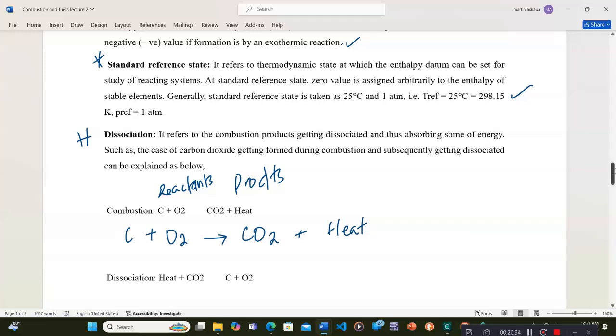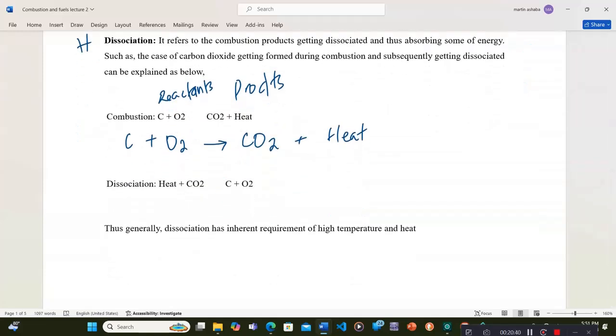Combustion is a chemical reaction in which a combustible fuel is burnt into its byproducts with release of heat, or the process by which heat is released from a combustible fuel by reacting with oxygen to release byproducts.